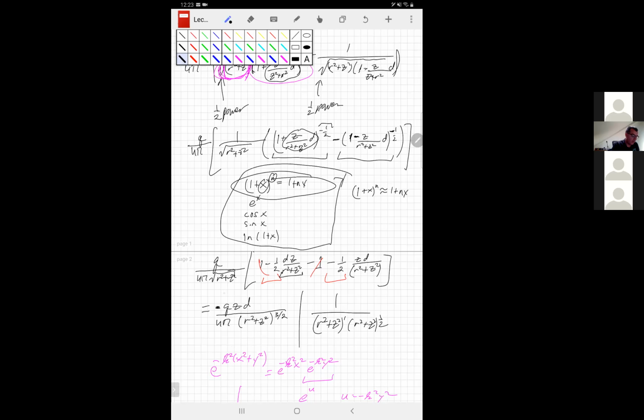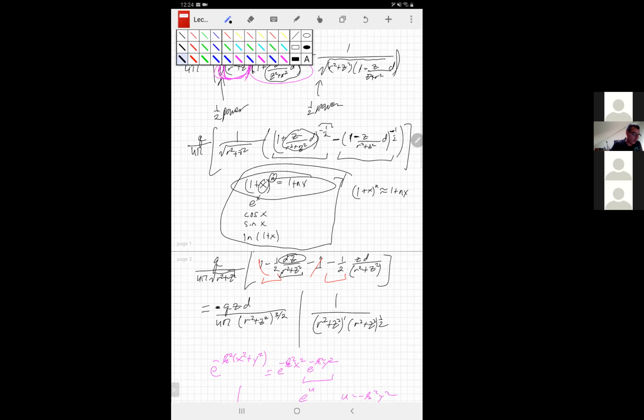minus 1/2 is just minus 1. And so we get the Q from our original constants up top. We get the zd up top from here. And then we have r squared plus z squared to a couple of different powers. You've got the square root of r squared plus z squared that we factored out at the beginning. And we've got zd over r squared plus z squared.